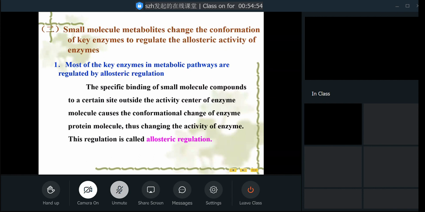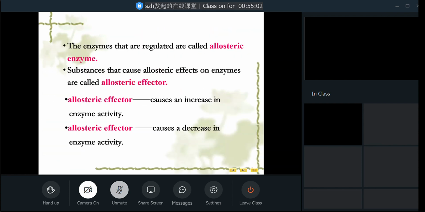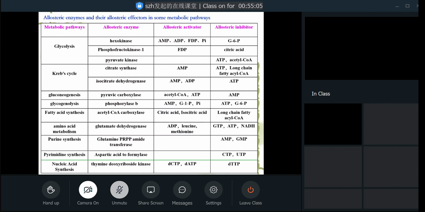As we already studied, let me quickly finish allosteric regulation. Here you can see a summary of all kinds of allosteric activators and inhibitors. For example, in the Krebs cycle, AMP is the activator of the key enzyme citrate synthase.